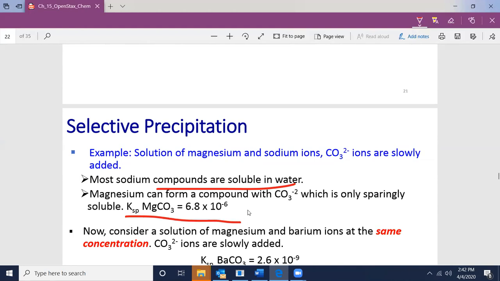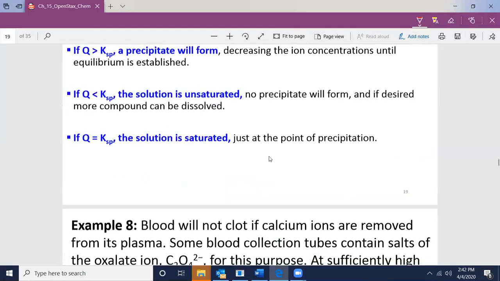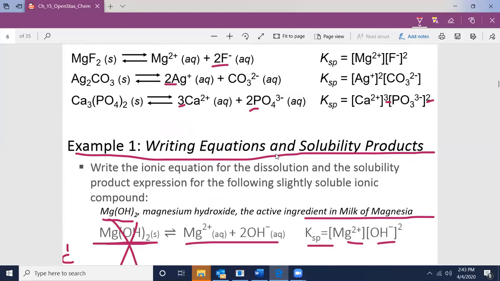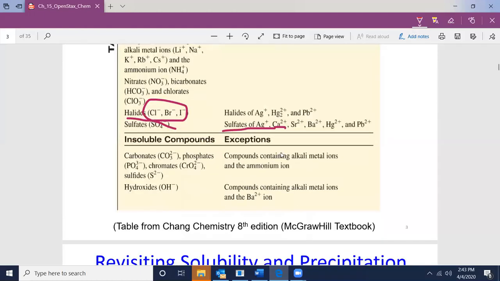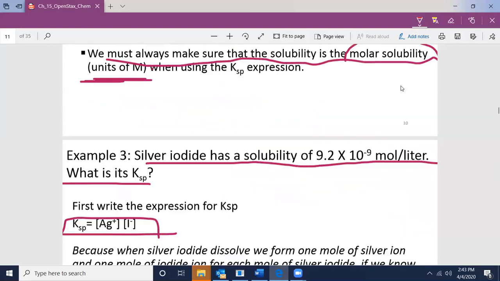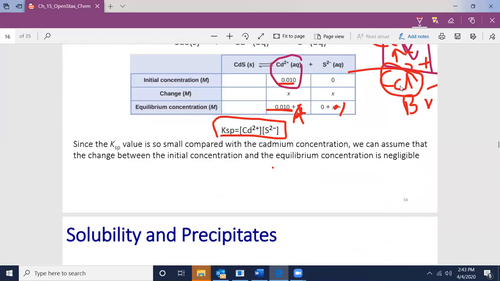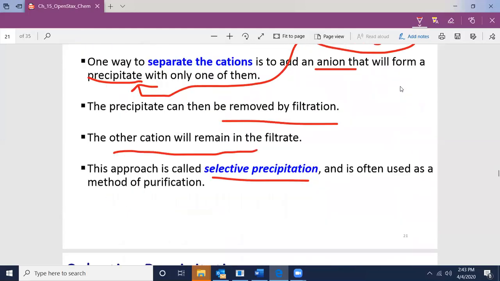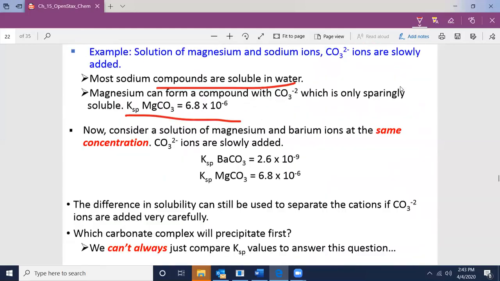If we have memorized our solubility rules, we know that carbonate salts are insoluble. Okay, so pretty much down to what we were supposed to look at.